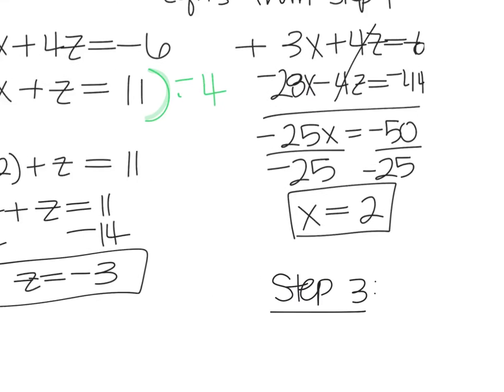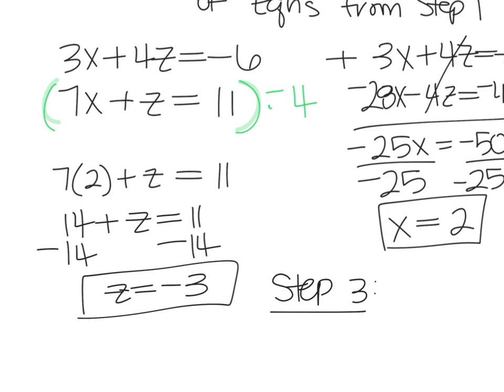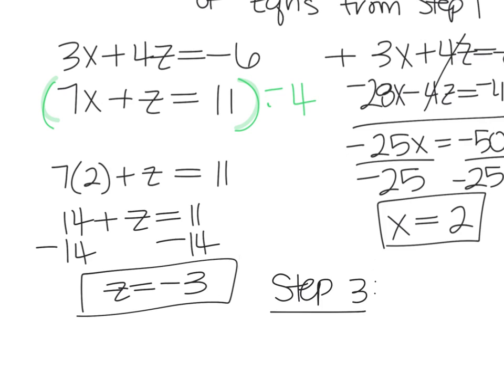So step 3 is going to be to plug in x and z into one of our original 3 equations to solve for y. And I'm going to use that first equation because it's just x plus y plus z. So I know x is 2.